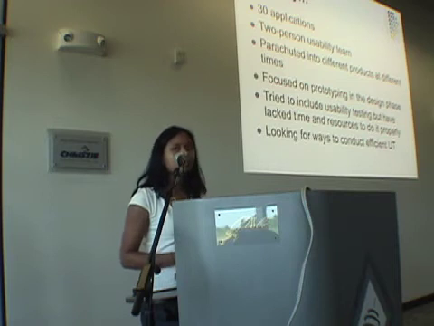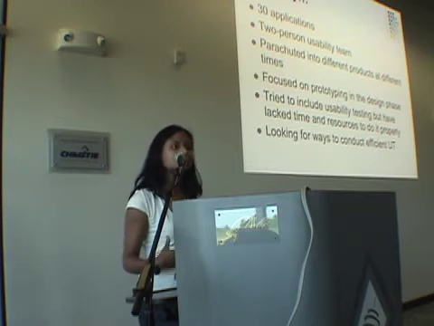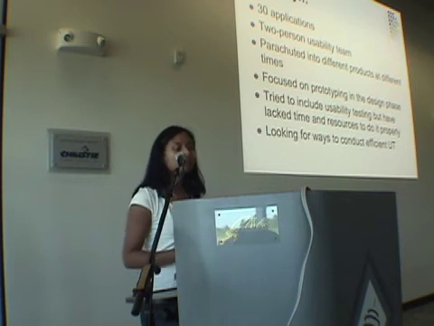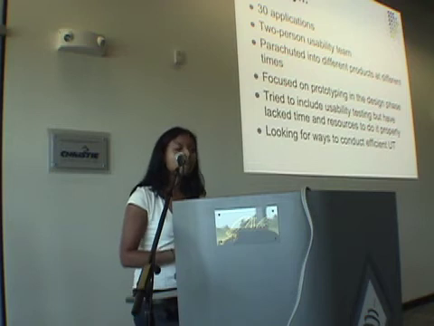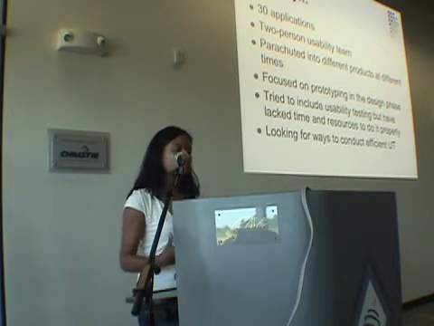So in the past, we've tried to do some usability testing, but we don't really get to see it through. On top of that, we don't have a usability lab, nor do we have a portable one. So we're constantly looking for more efficient, more effective methods of doing this.